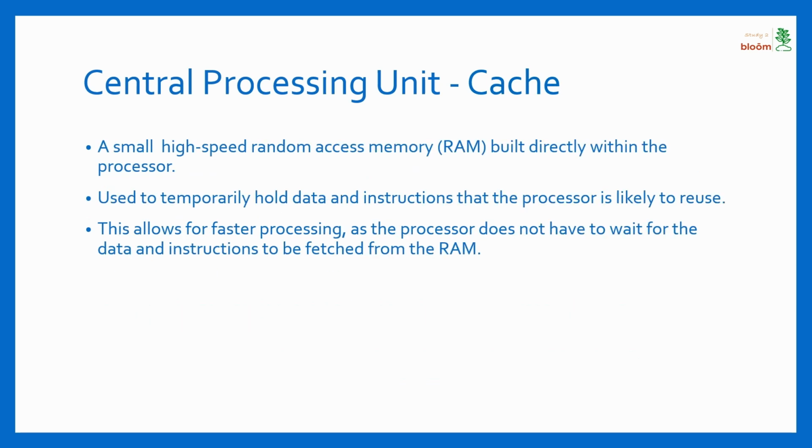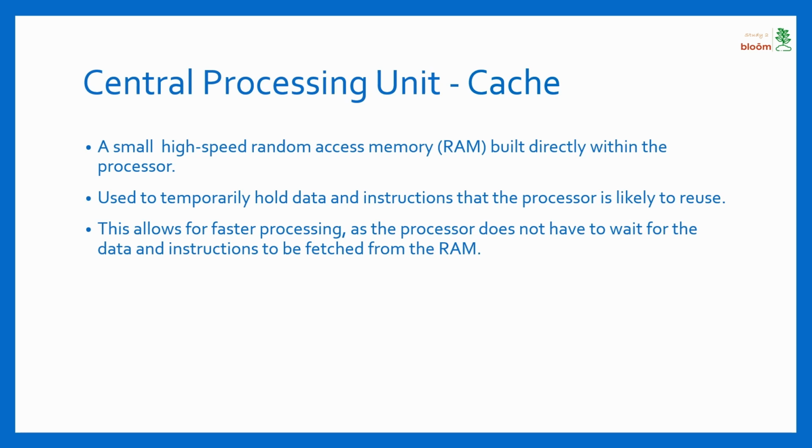We learned the CPU has three main parts: control unit, arithmetic logic unit, and registers. So when we need to access data or instructions, we fetch them from the primary memory through the system buses. But in modern computers, there is a small RAM built within the processor. This stores data and instructions temporarily so that the processor can get them fast.